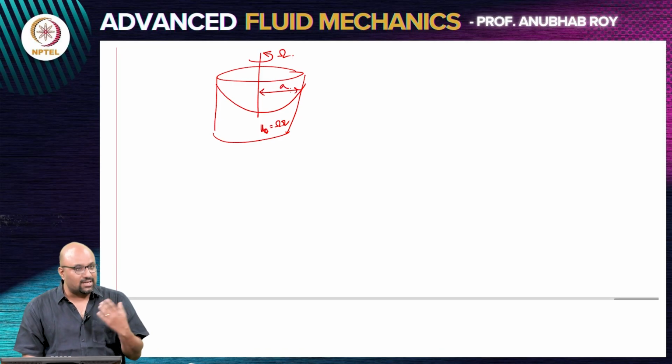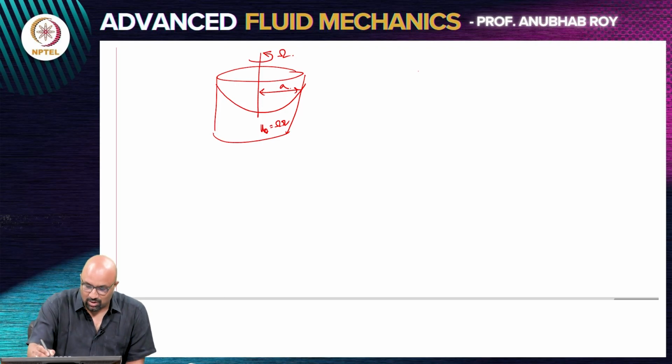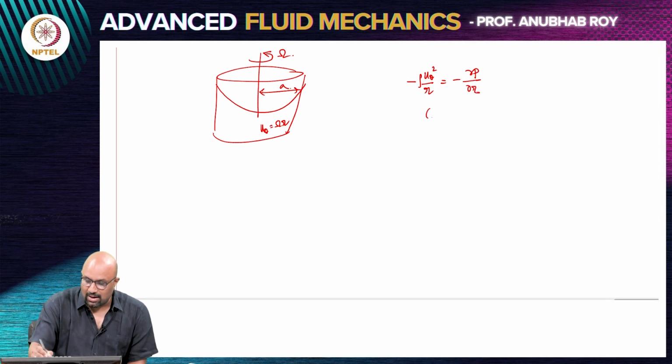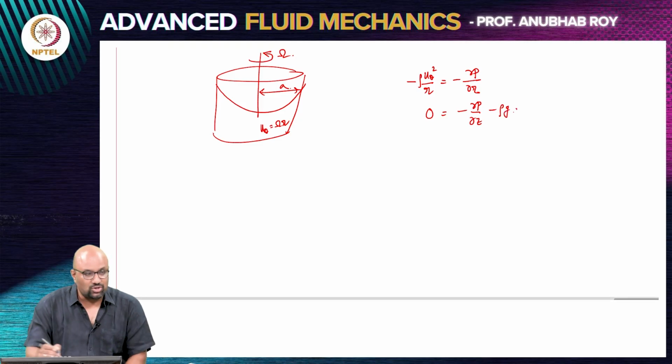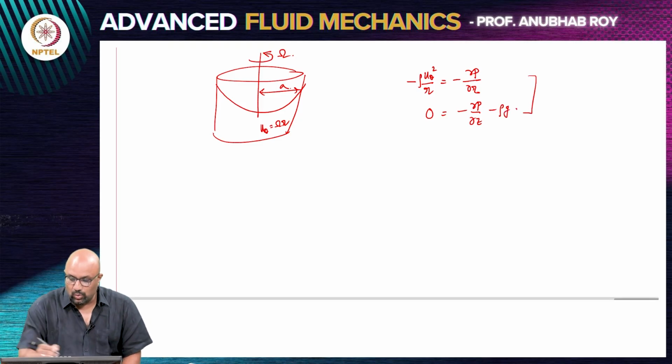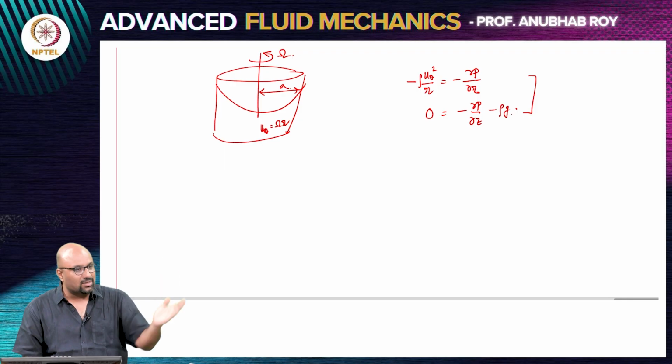We solve the inviscid equations. If you remember, what we did was we said let's look at steady state, axisymmetric motion, and then we have minus rho u theta square by r is equal to minus dou p dou r, and then in the axial direction dou p dou z is equal to minus rho g. We solved these two equations simultaneously and said that it was atmospheric pressure on the free surface, and we got the paraboloid shape, that z was going as r square.